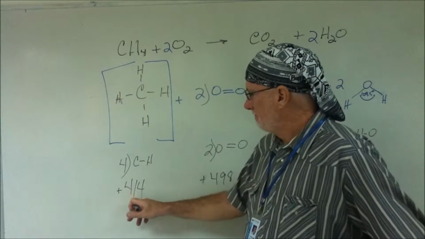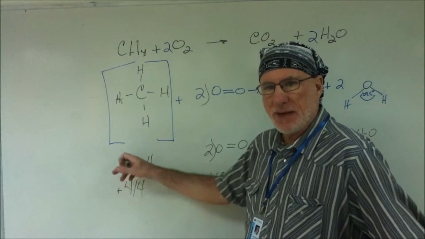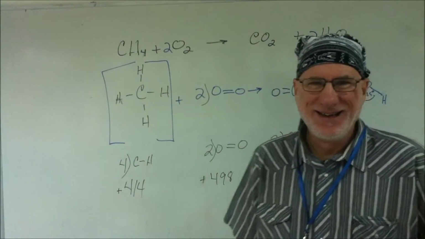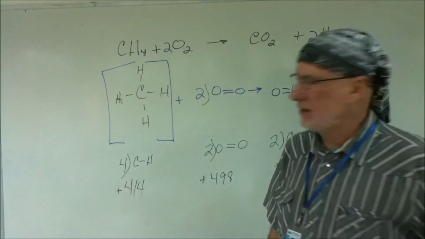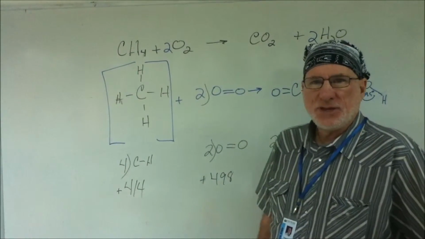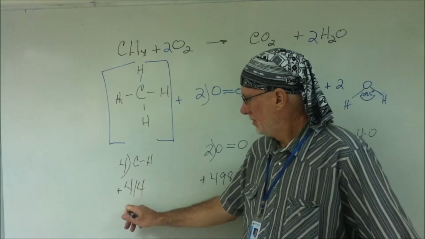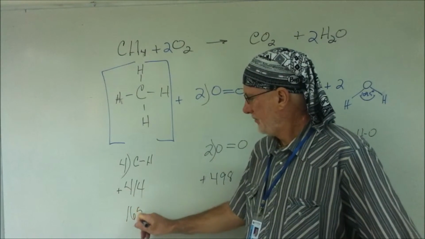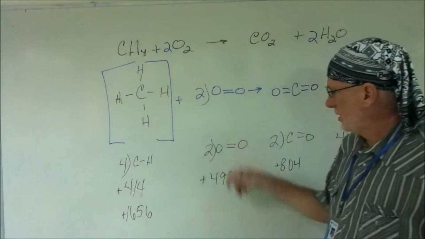So what do we got? What's this? Come on, guys, you can do this with me. I don't think anybody knows. It's like 8:30 in the morning, and it's the middle of the week. It's a tough day. Okay, what do we got? 1656. Okay. All right, and what's this one going to be?